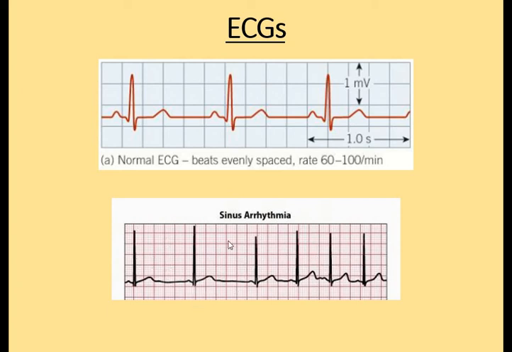With sinus arrhythmia, it's linked to breathing in and breathing out. So people who've got sinus arrhythmia, generally when you breathe in, the heart rate goes up, and when you breathe out, the heart rate goes down.